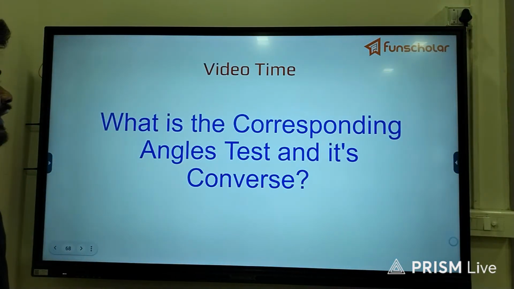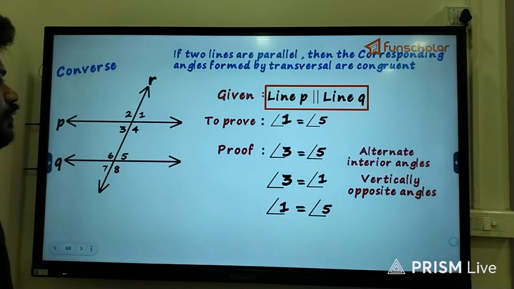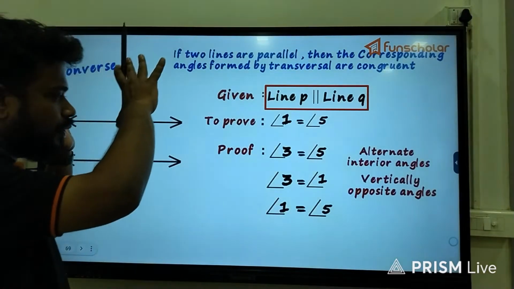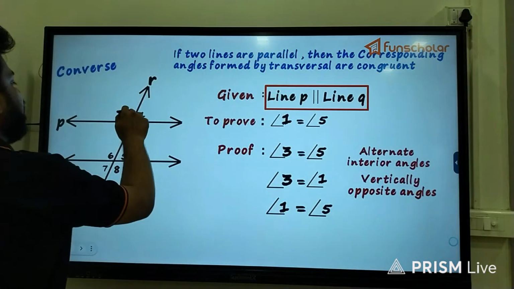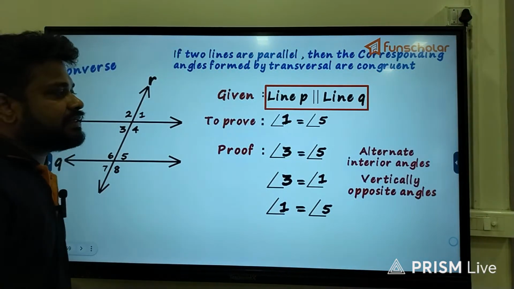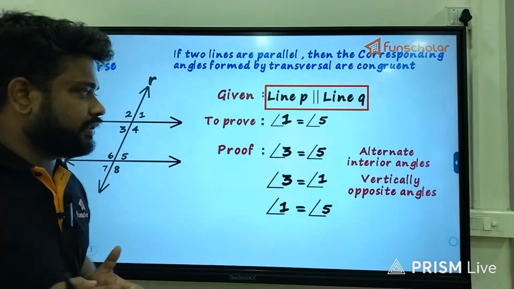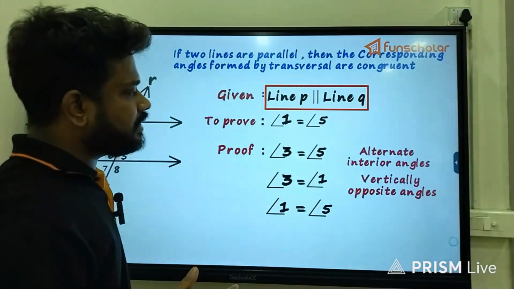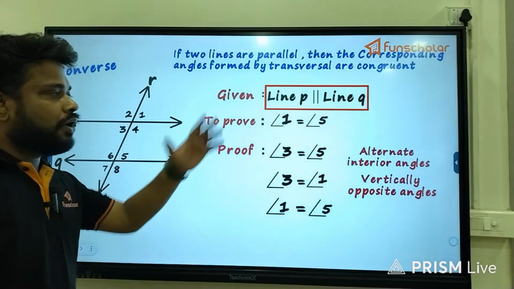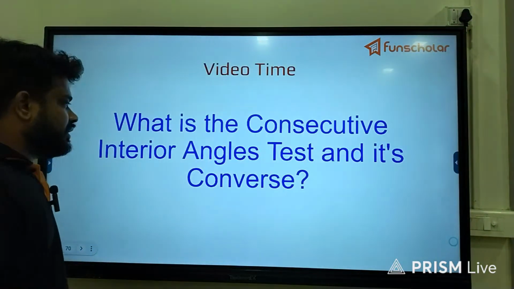What is the corresponding angles test and its converse? We have already learned it before, and why we are studying this is just because we have to show that the alternate angles are equal to each other. Okay, so alternate interior angles and vertically opposite angles, we have already tested about this.